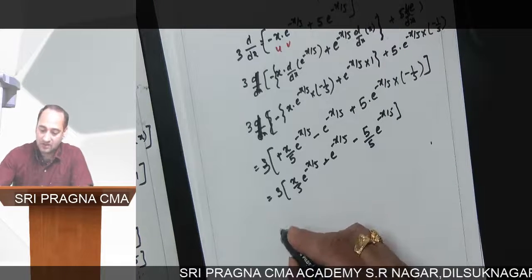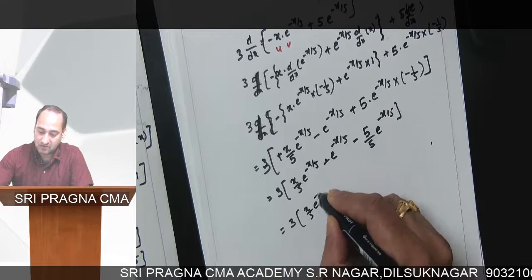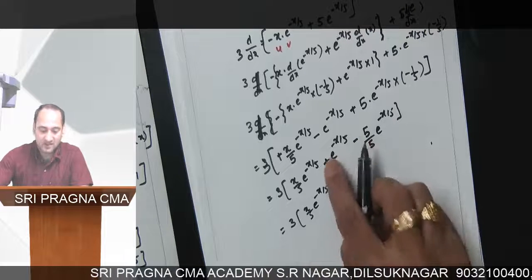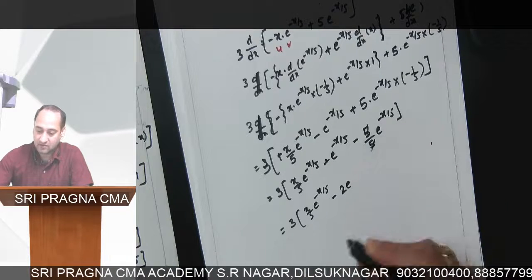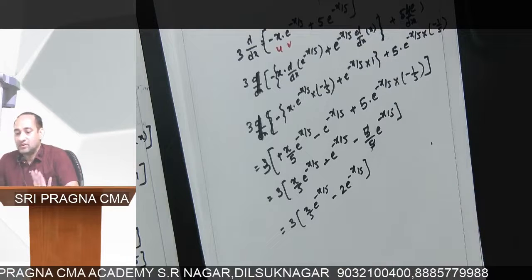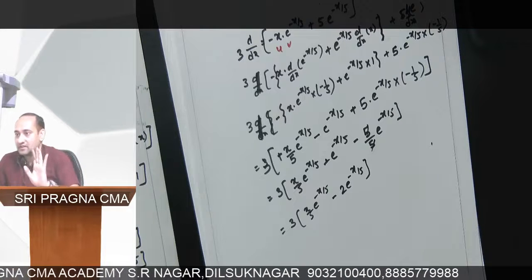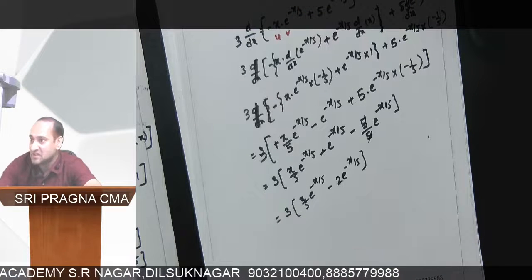So what will we have? 3 x by 5 e to the power minus x by 5, and this minus will become minus 2 e to the power minus x by 5. Comfortable now? Now it is fine, I think. Something might have happened. We will check where the mistake has happened.